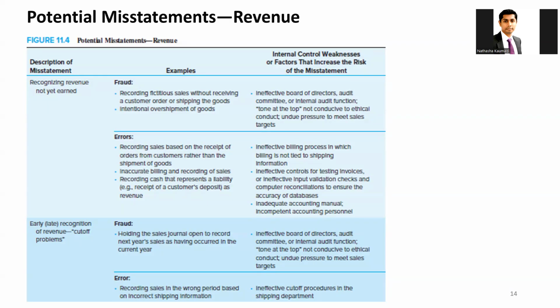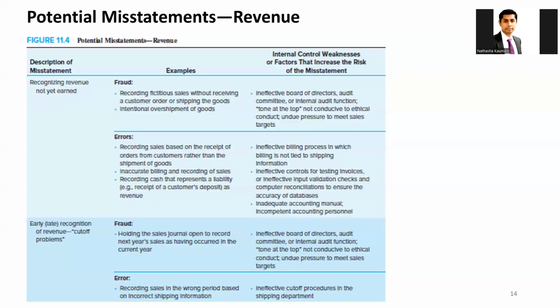As accounting students, you have learned SLFRS 15, even in your year one, I think. In that case, the performance obligation is very important. It must be met when you try to recognize the revenue. So when the client records revenue once they receive a sales order, that's completely wrong. They need to record the revenue when they are shipping the goods, that means when the performance obligations are met.